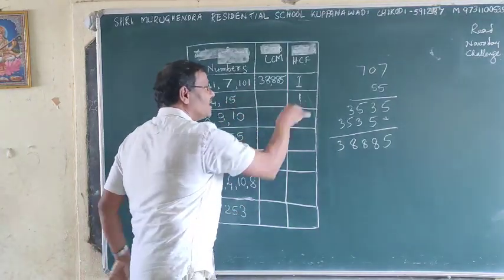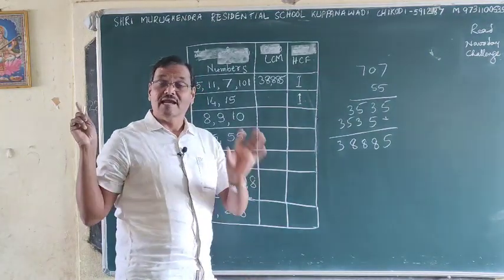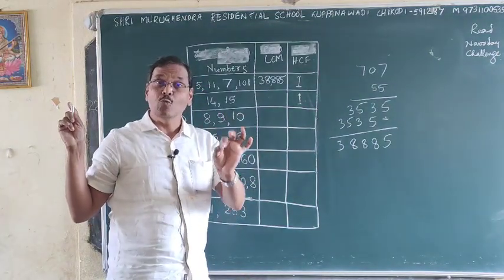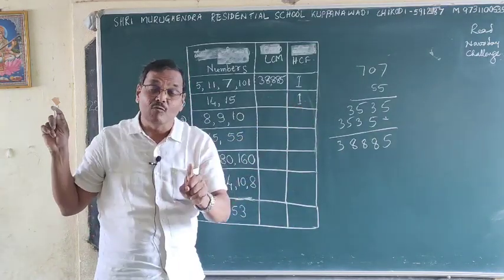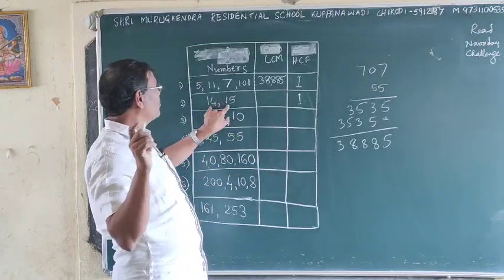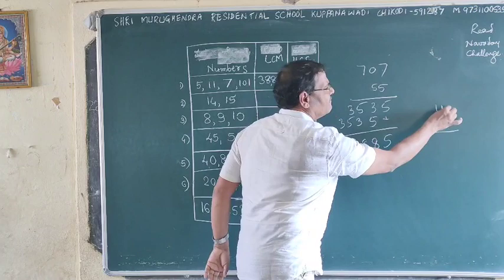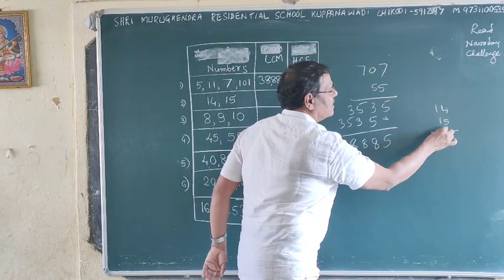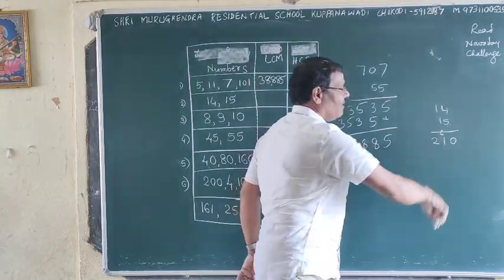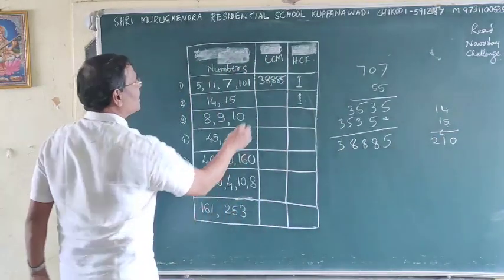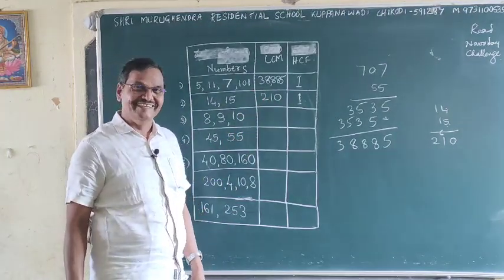Those whose HCF is 1 are called co-prime numbers. So the second rule is: HCF of co-prime numbers is 1. When 1 is the HCF, then you have to multiply these two. 14 into 15: 15 4s are 60, 15 1s are 15, plus 6, 21. 210 is the LCM. Okay, easy.